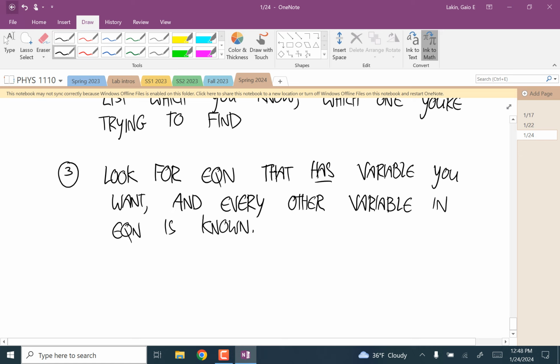Once you find that equation, just plug in the values and solve for the one you want. This just comes from the fact that one equation can only solve for one variable. So if you don't have the thing you're trying to solve in it, obviously that equation can't give you what you're trying to solve for. And also, if you have more than one unknown in an equation, you can't solve for anything. So you just want the one unknown in that equation to be the variable you're trying to calculate.